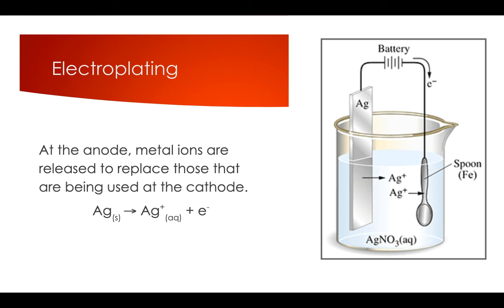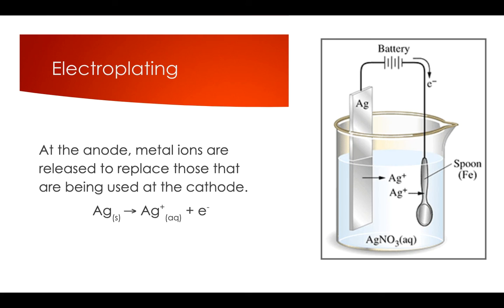At the anode, as the electrons are pulled away, the silver is being converted into silver ions, which are released into the electrolyte solution, and are replacing those that are being used at the cathode. So the solid silver of the anode is being converted into silver ions and electrons.